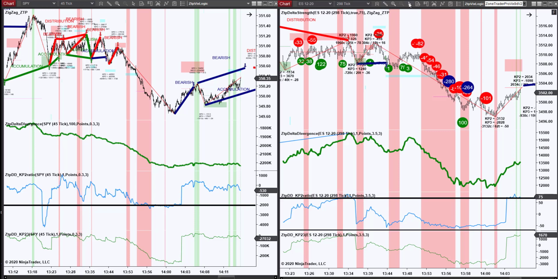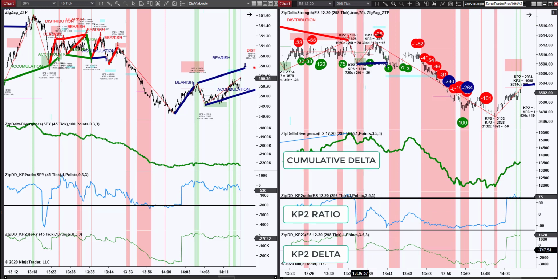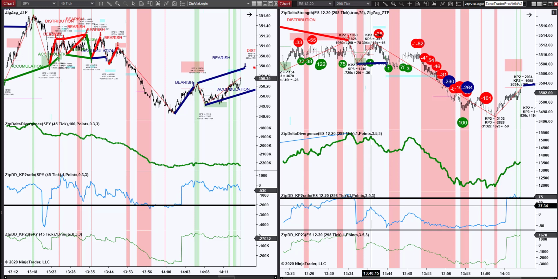Now, what is important to me is what I saw here in the Kp2: as price rose, the Kp2 rose to match it. And that represents limit orders coming in and distributing.